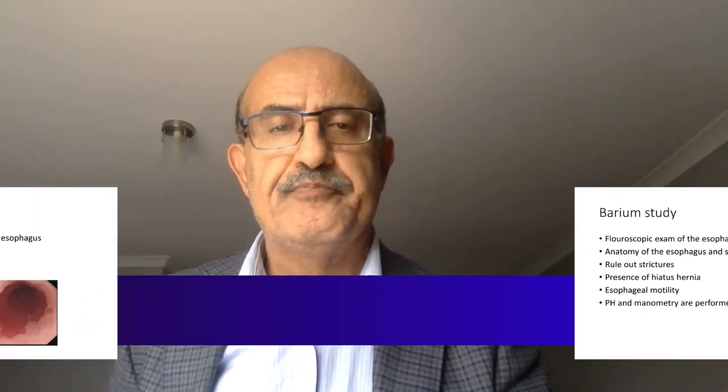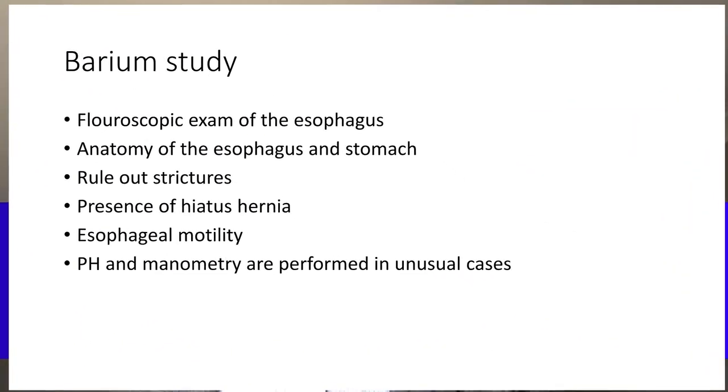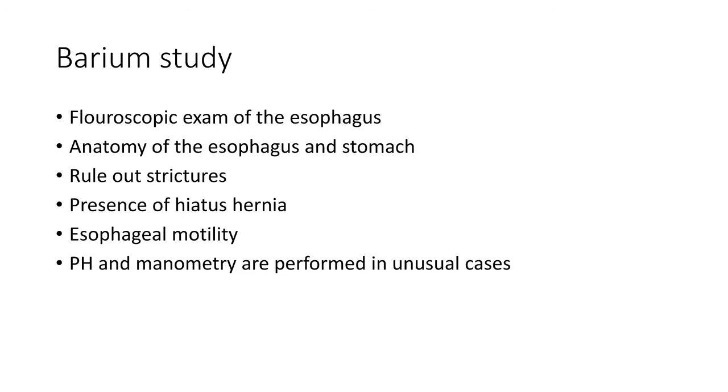The next one that the patient will have at least is fluoroscopic examination of the upper GI tract, including their swallowing, the motility of the esophagus, and the anatomy of the esophagus and the stomach. If there is a stricture, we will see that. If there is a hiatus hernia, that will be demonstrated, and it will also give us an idea about esophageal motility.